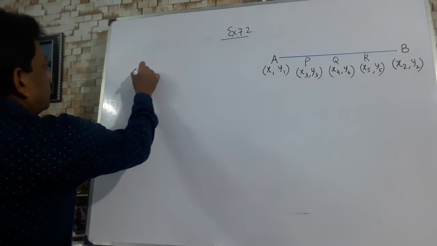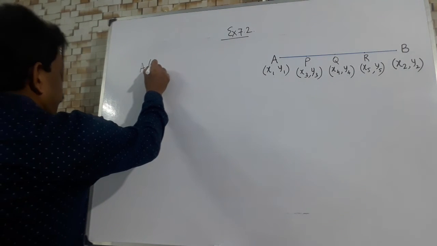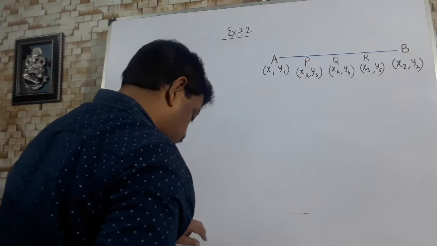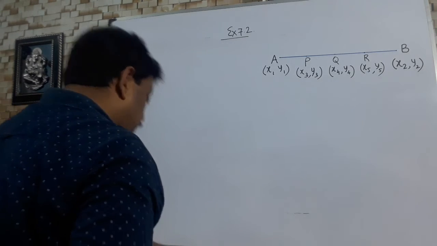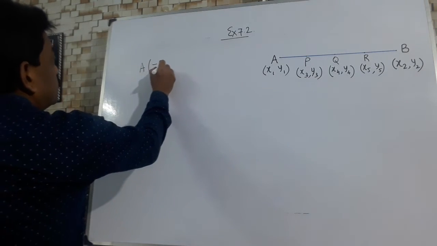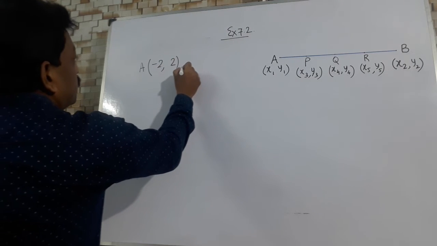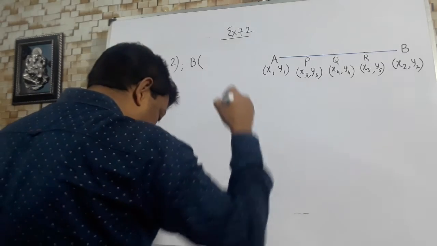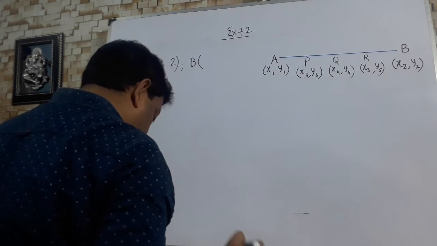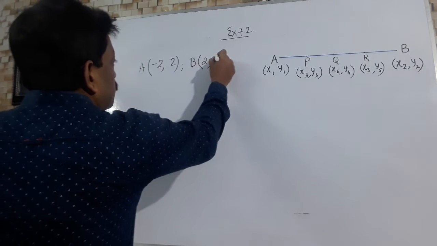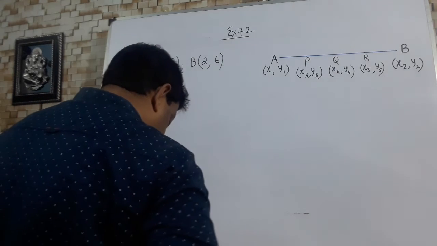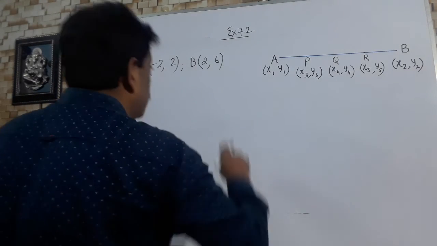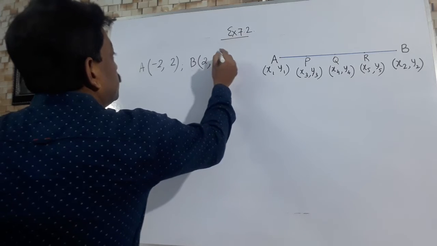Now the coordinates of A are given as -2, 2 and the coordinates of B are 2, 8.